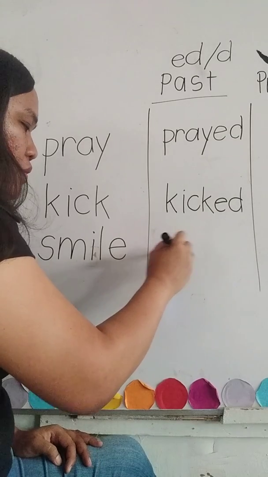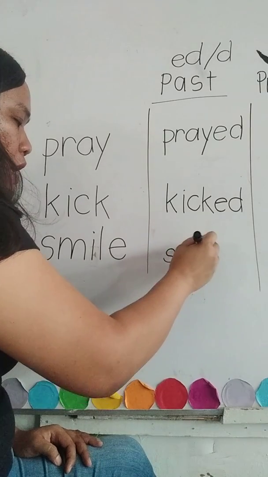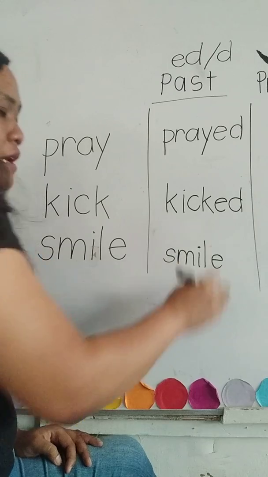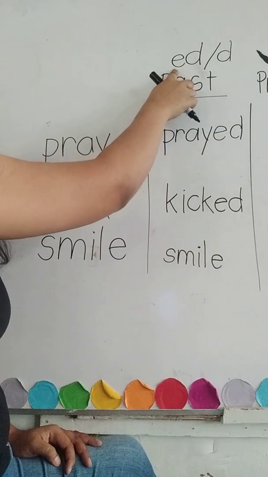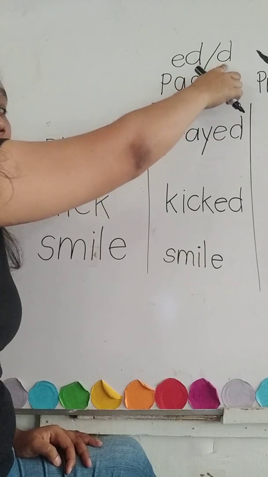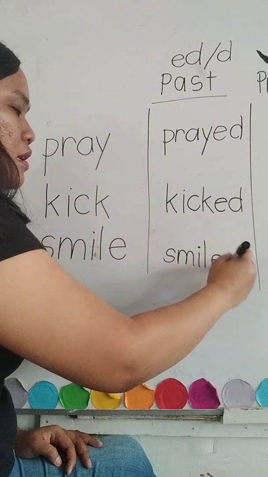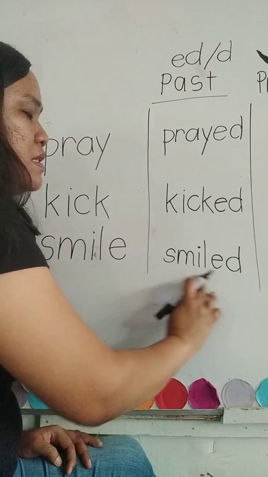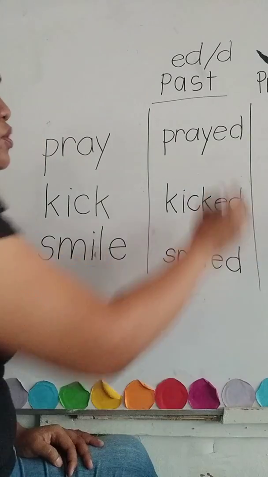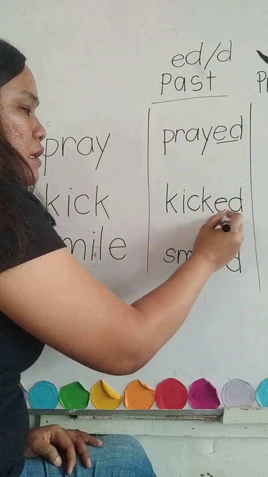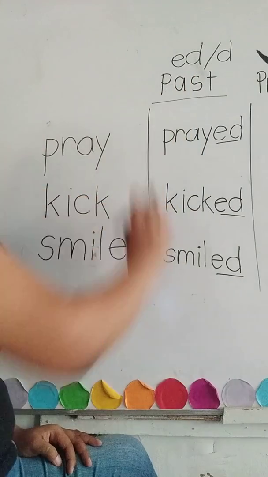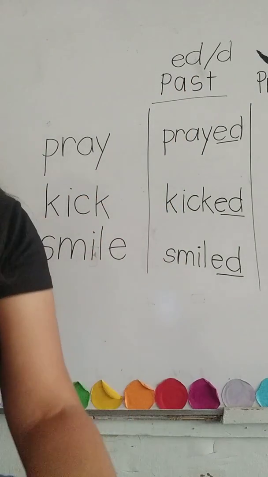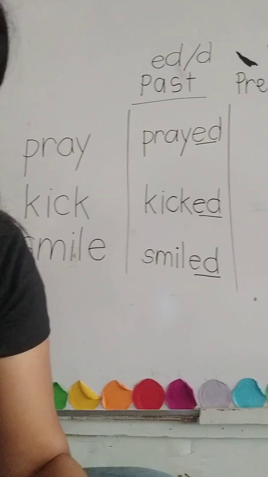Start by copying the word S-M-I-L-E. Now, because this word already ends with an E, you do not need to put another E. You just add D. The word becomes smiled. So whenever you have ed, ed, ed, it means it is past tense. Let's move to the next tense.